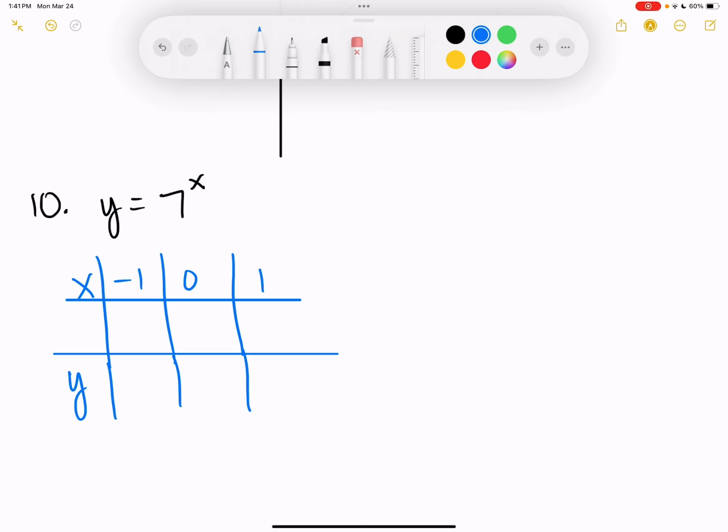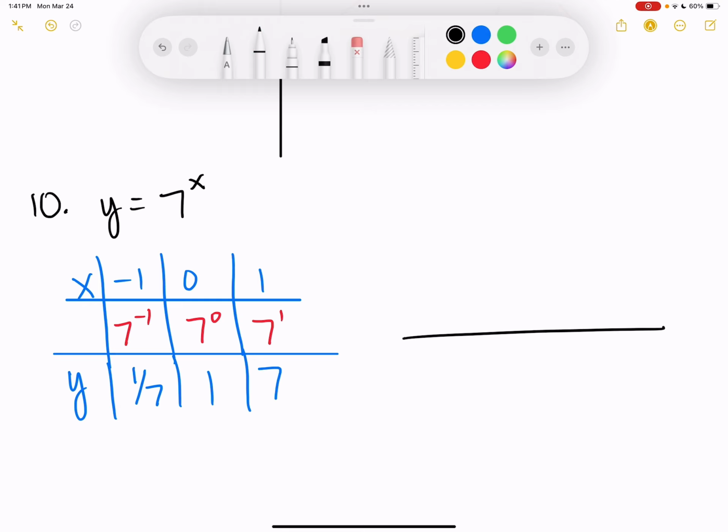So 7 raised to the -1 would be what? 1 over 7. And 7 to the 0? 1. And 7 to the 1 is just 7. So that one's pretty nice, easy numbers overall.